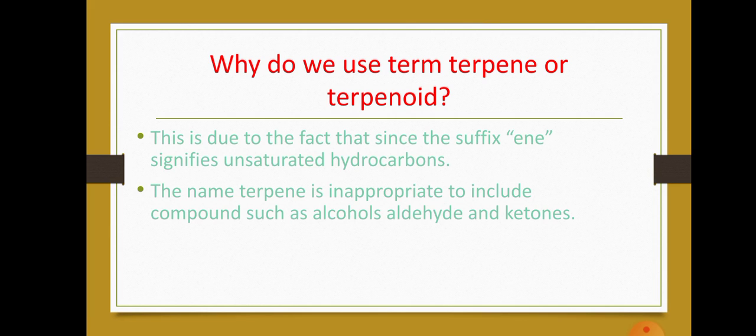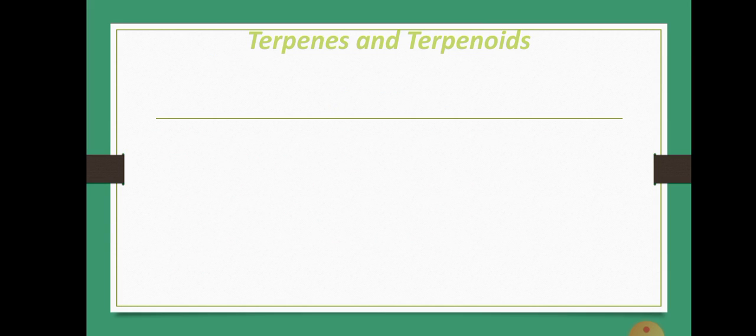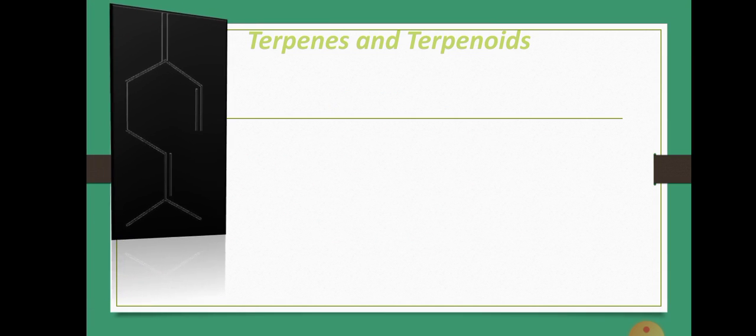This functional group may be aldehyde, ketone, or alcohol. That's why we can't use the word terpene for the group having different functional groups, because the "-ene" at the end of terpene indicates unsaturated hydrocarbons, not functional groups.